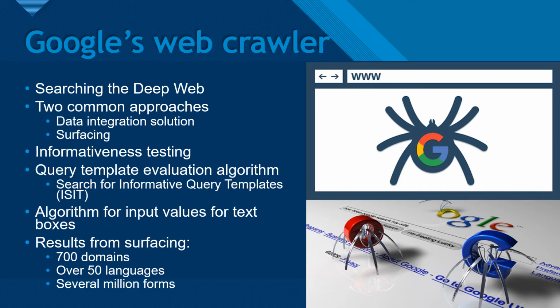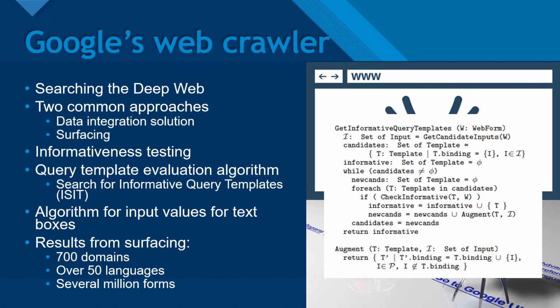Templates were considered uninformative if they computed much fewer signatures than the number of possible submissions. The algorithm the authors created was called ISIT and was used to evaluate which query template was suitable for surfacing by going over the space of the query templates. This image shows a snippet of the code that they used for the algorithm.